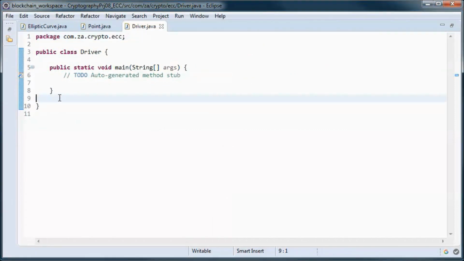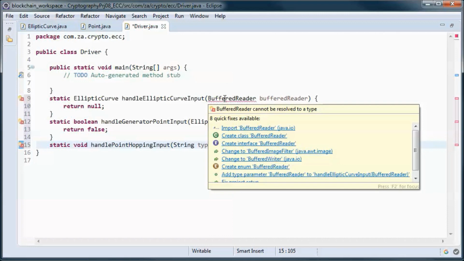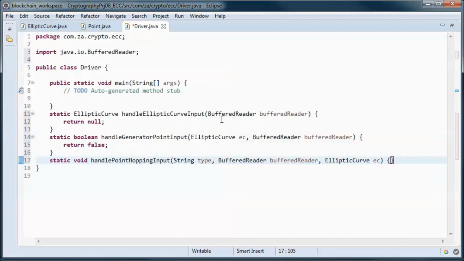Now here we will need 3 static methods, one to handle the pickup of the elliptic curve, so the values for A, B and P for the curve, and this one to handle the pickup of the generator point coordinates, and this one to handle the number of point hops, and if it is slow hopping or fast hopping, using the double and add algorithm.